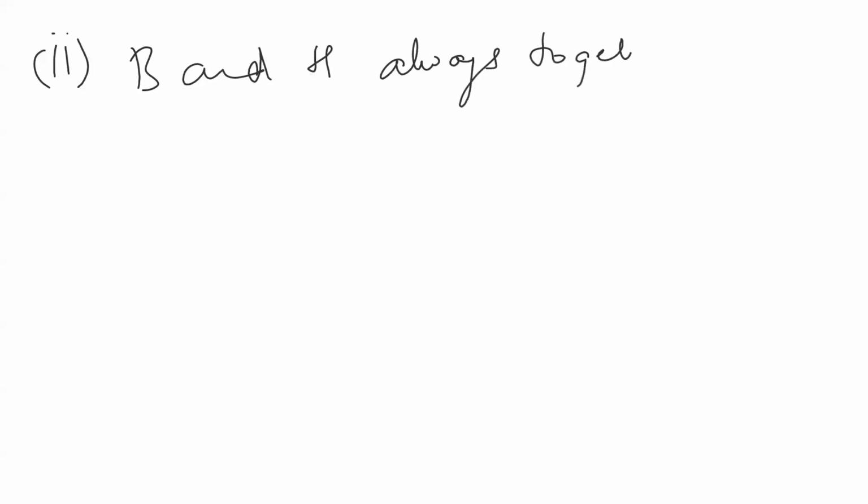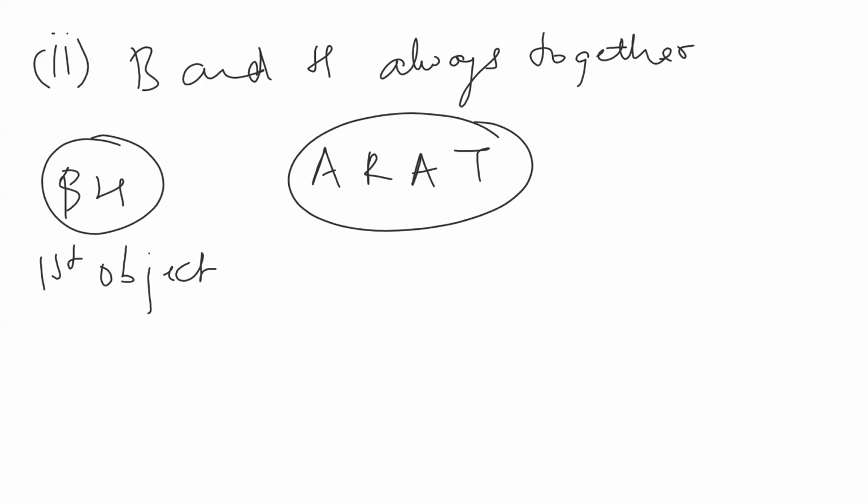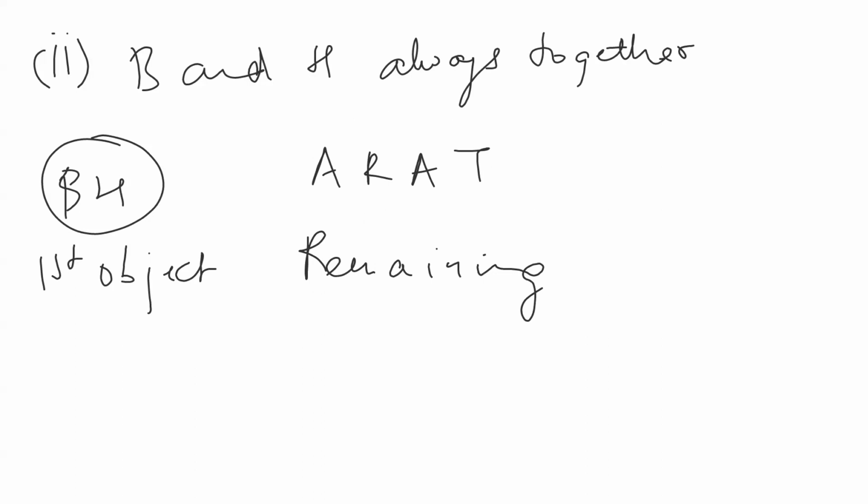So I'll take B and H as one object, as the first object, because they are supposed to be always together. So, sir, if they say always together for anything, we take them as one object. Yes. Now remaining objects is equal to 4.